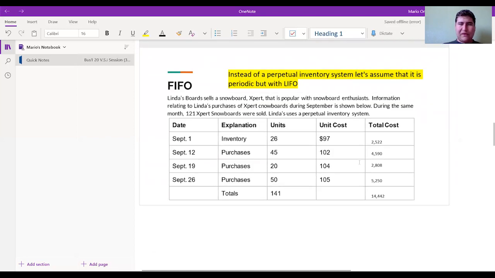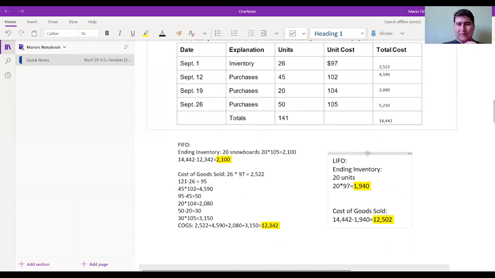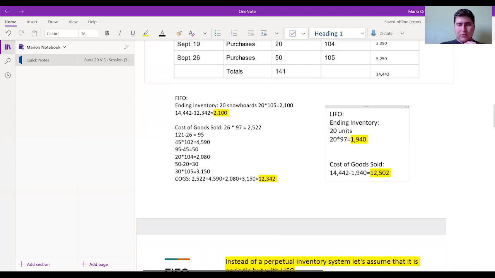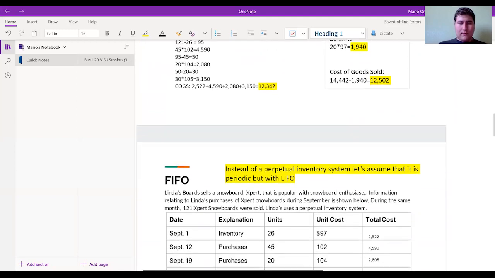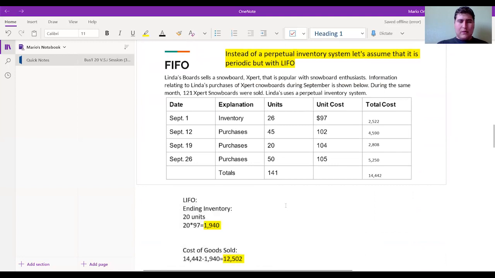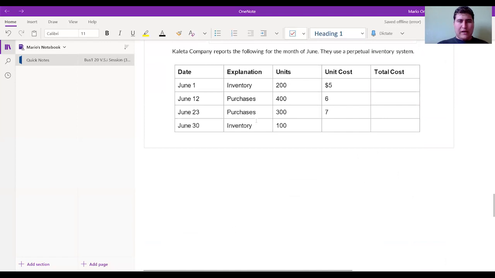Okay. Last LIFO problem. One more problem here. We can do FIFO, or no, we just did that one, didn't we? Let me move this back so I don't confuse myself. So now we have our LIFO for this one. We have one more problem here.